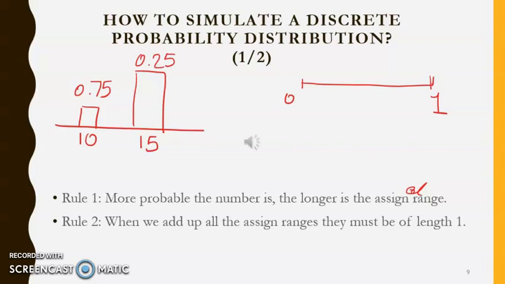So now we have this discrete probability distribution with only two values, 10 and 15, where the probability of 15 is 25% and the probability of 10 is 75%. When we want to assign 0 to 1 to these values, how are we going to do this? It says the more probable the number is, the longer is the assigned range.